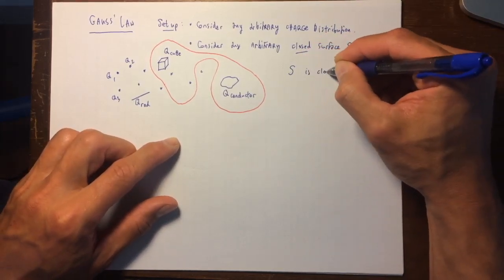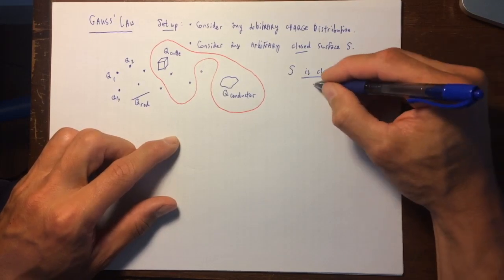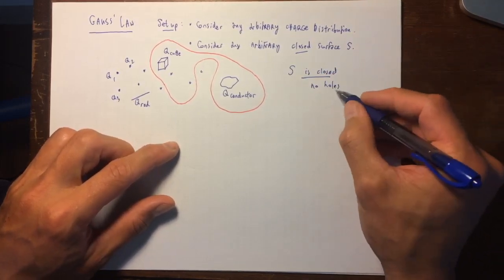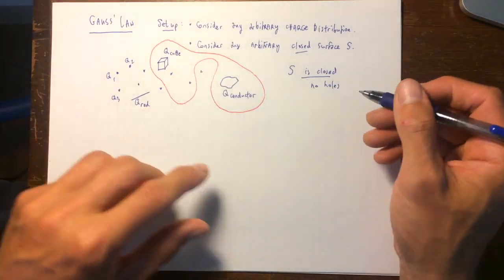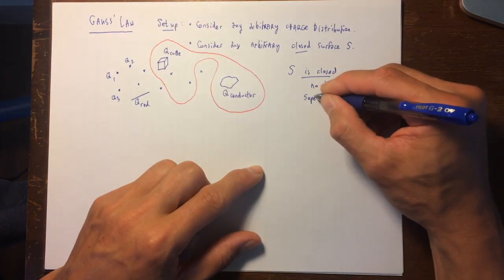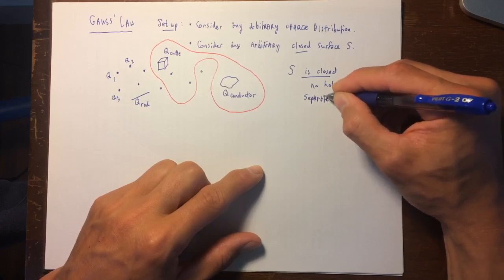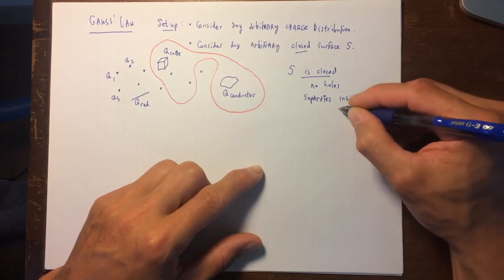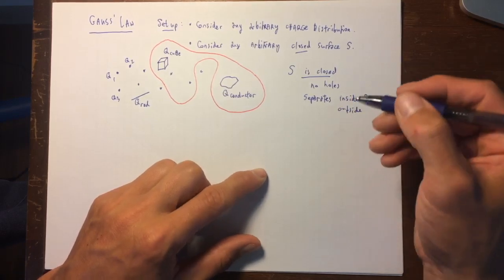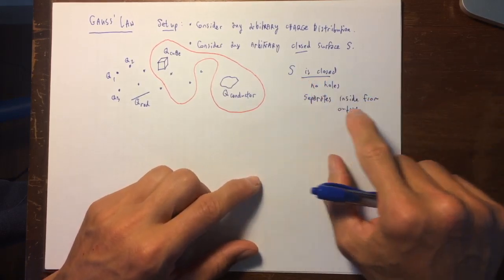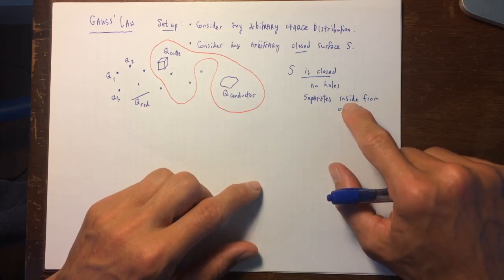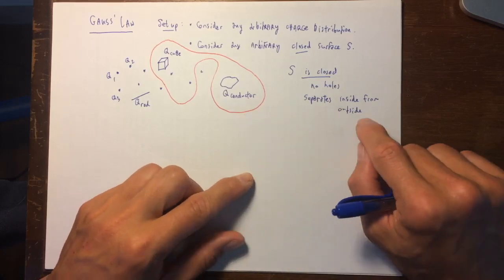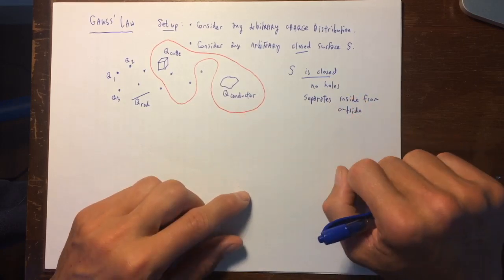S is closed. That means that it does not have any holes. There are no gaps in S. It separates inside from outside, right? So that's what a closed surface does. It has a volume inside that's separated by the surface from a volume outside.